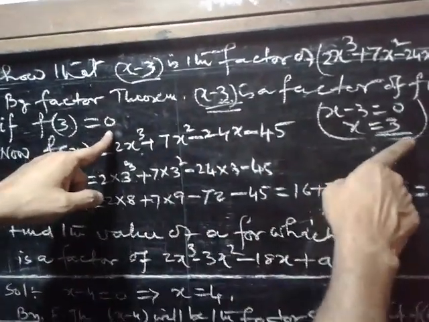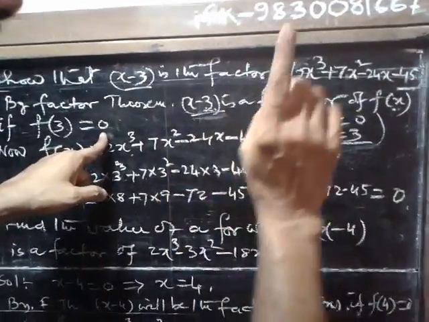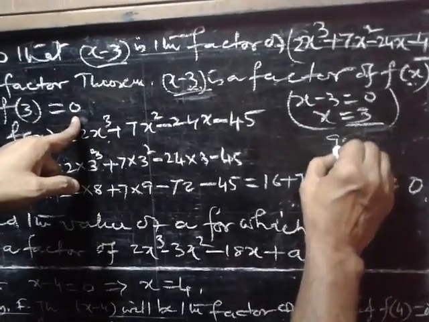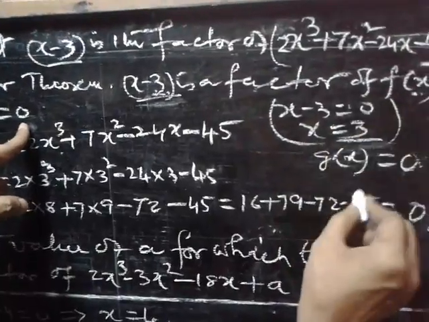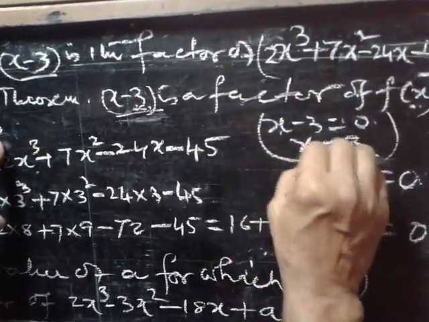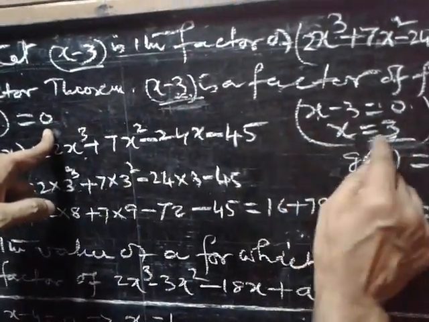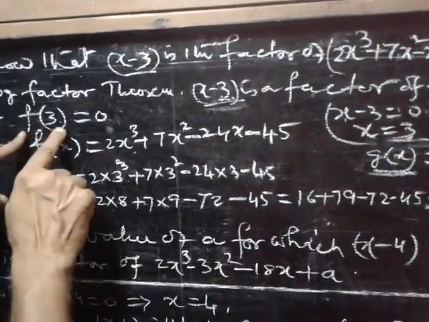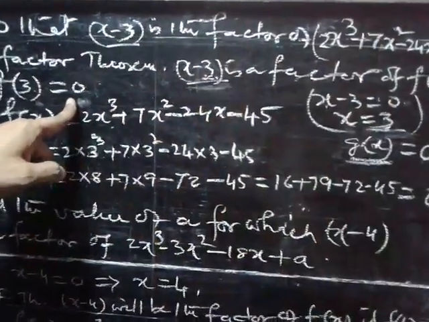If it is divided by this, the remainder will be f(3). With the help of the remainder theorem, if you put this equal to 0, x will be 3. Therefore, f(3) must be 0, because if this is a factor, it is just asked for.